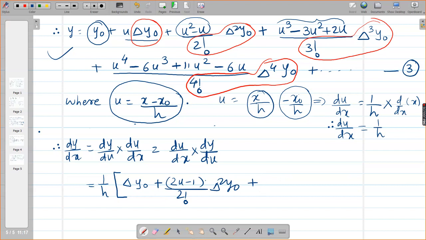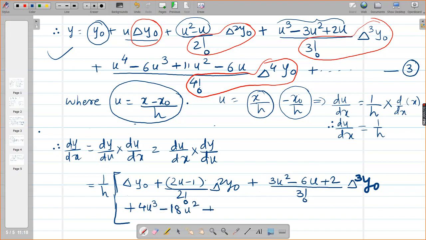So next, derivative of u cube minus 3u square plus 2u is 3u square minus 6u plus 2, divided by 3 factorial, delta cube y naught as it is, plus next is 4u cube minus 18u square plus 22u minus 6, the whole thing divided by 4 factorial into delta raised to 4 y naught, plus so on.